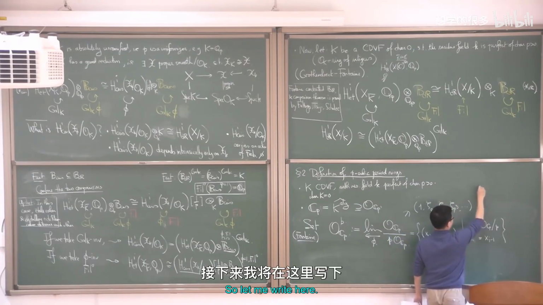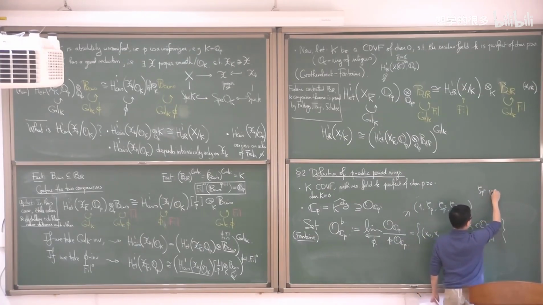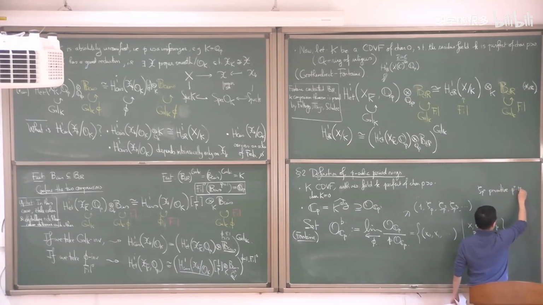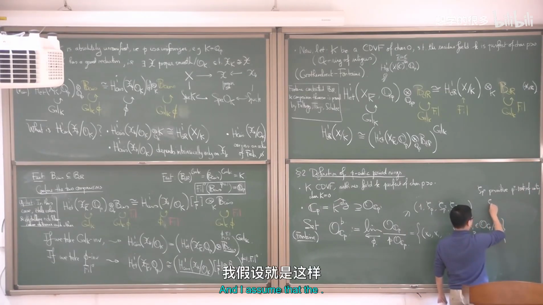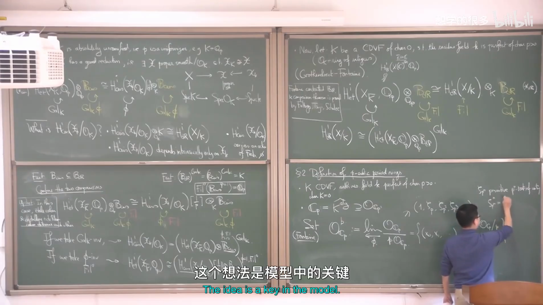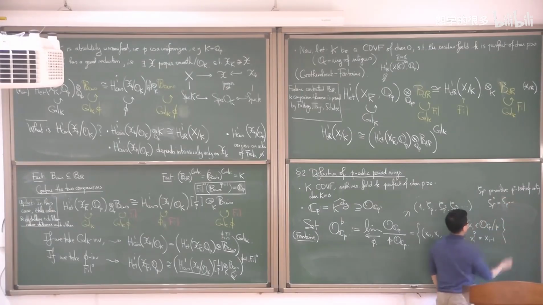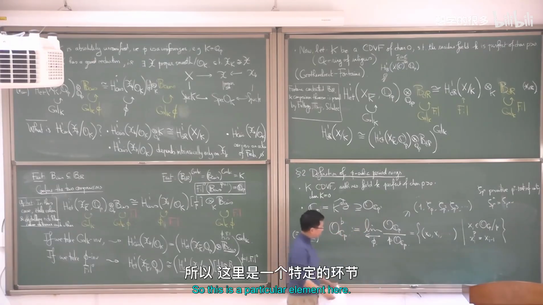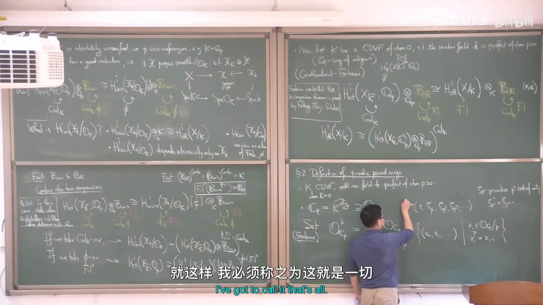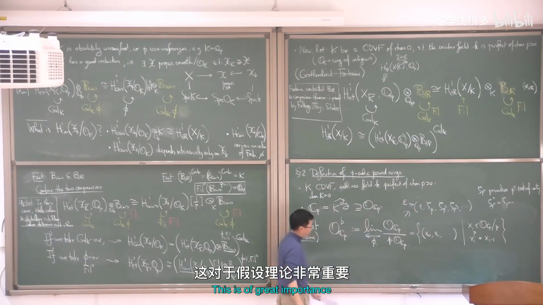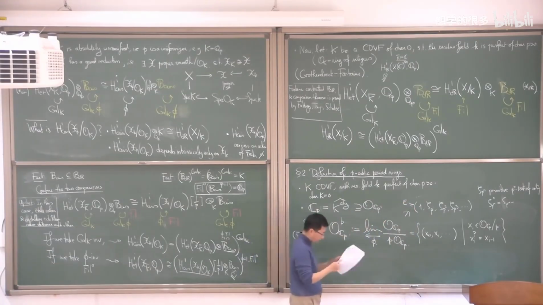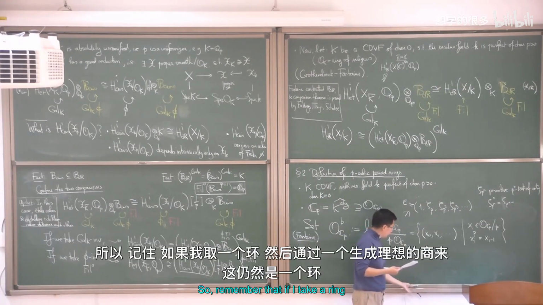So let me write here that if zeta_{p^n} is a primitive p^n-th root of unity, and I assume that zeta_{p^{n+1}} to the p is zeta_{p^n}, that's basically what this says. This is a particular element here. I'm going to call it epsilon. This is of great importance for p-adic Hodge theory. Let's fix such a thing.